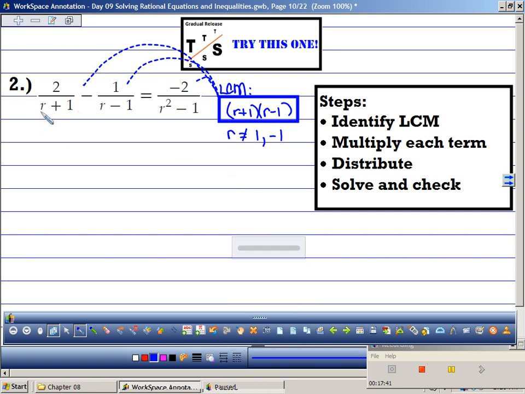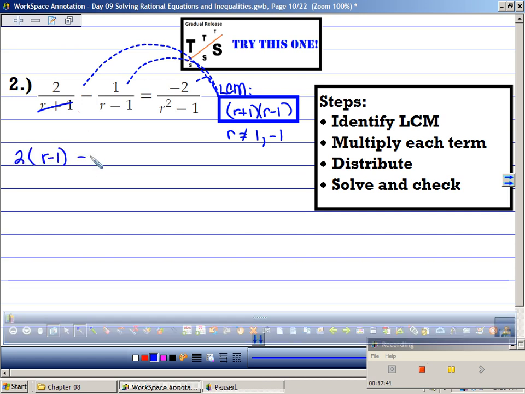All right, so when R plus 1 gets canceled, what is 2 going to be multiplied by? R minus 1. When R minus 1 gets canceled, what is left over? R plus 1 equals. When R squared minus 1 gets canceled, what's left over?